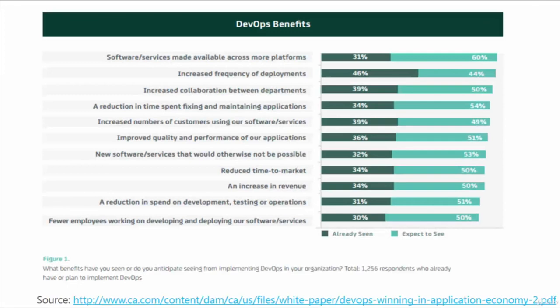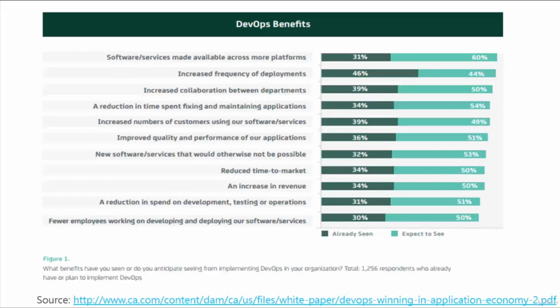Some of the benefits at the same time: software services made available across more platforms. But notice here, one of the biggest benefits is the increased frequency of deployments. So notice how you work with an app or software and they have these new versions coming up every other day and so on. So this is in fact the entire life cycle of development to production, right? And all these teams are working together.